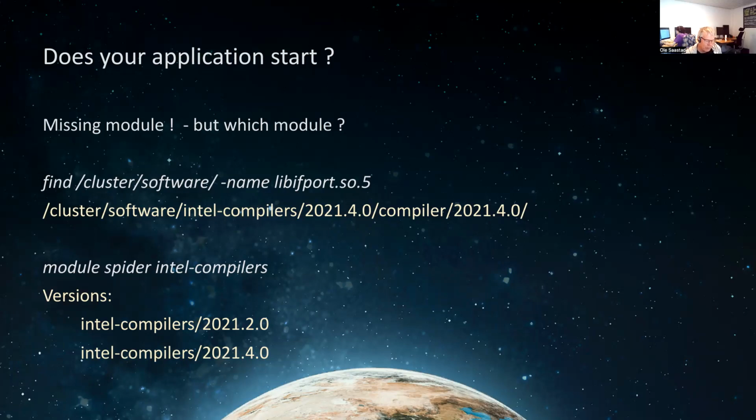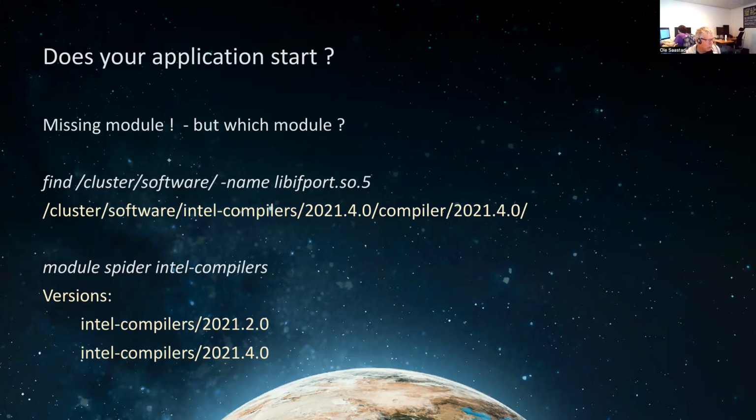But if you can't find the module you need, this is the way to do it. Look for the file that you actually saw was missing and issue the command. You'll see that it comes up with cluster software, Intel compiler 21.4, compiler 21. Then look for something that matches that one. Use the spider: module spider Intel compilers.